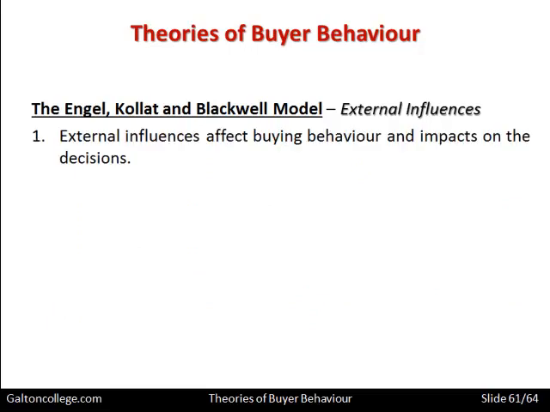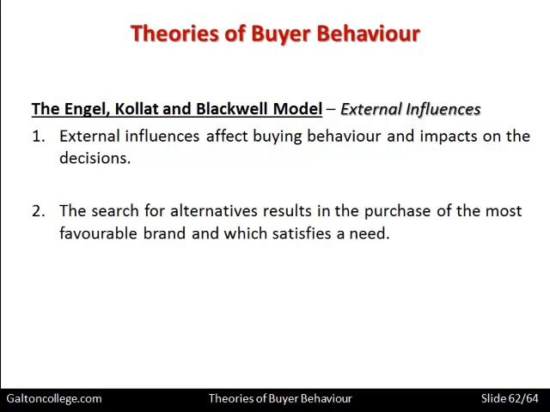External influences affect buyer behavior and impact on decisions. The search for alternatives results in the purchase of the most favorable brand which satisfies a need. So we're looking for the most favorable brand which satisfies the need.